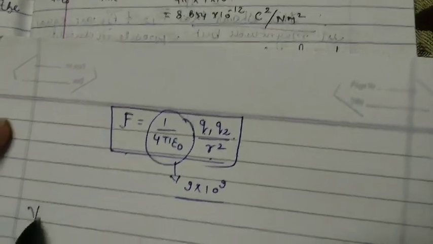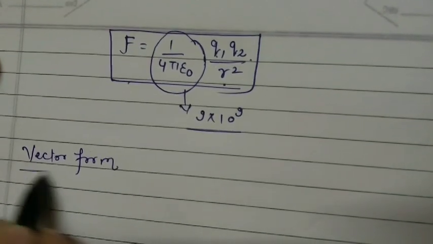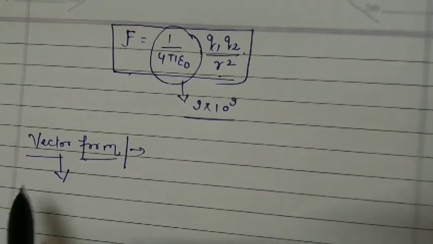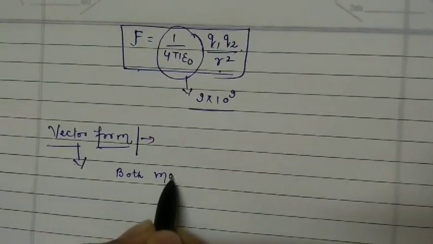In vector form, as we have learnt in 11th class, vector quantities are those quantities which have both magnitude and direction.